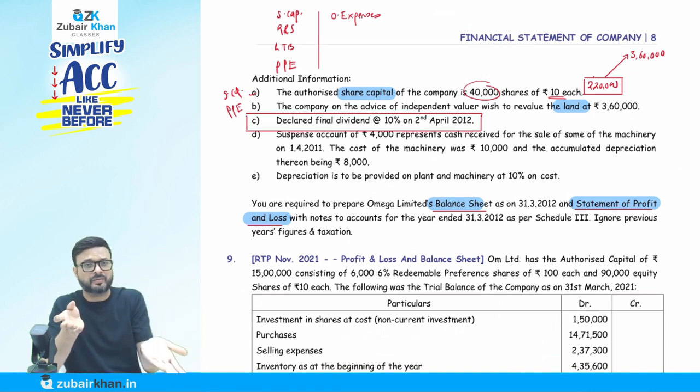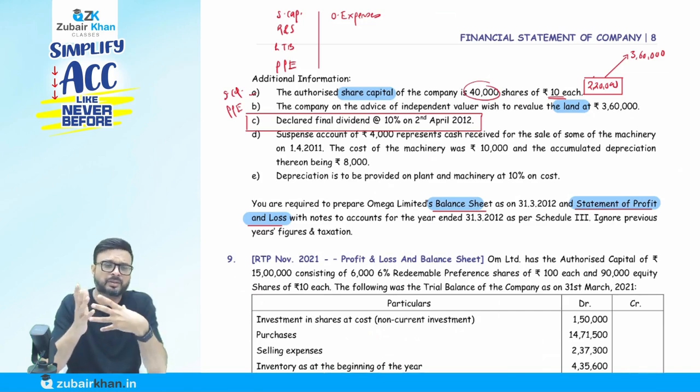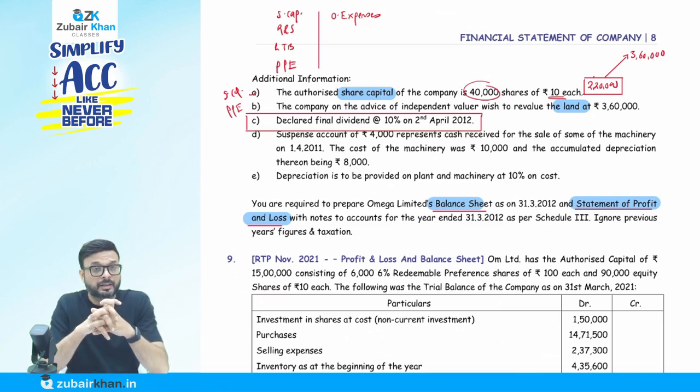It might happen in the case of land. Now the value of the land in the market is 3,60,000. So can I increase the value in the books of account? The answer is yes. It is allowed as per accounting standard 10. But don't worry about what else AS 10 says, we'll discuss it there. For now, we just have to know that yes, we can increase the value of that.